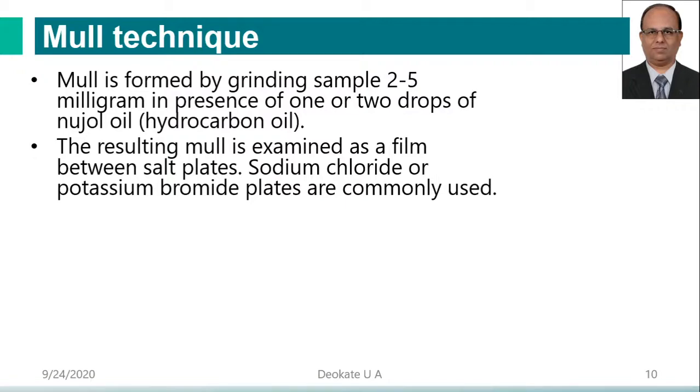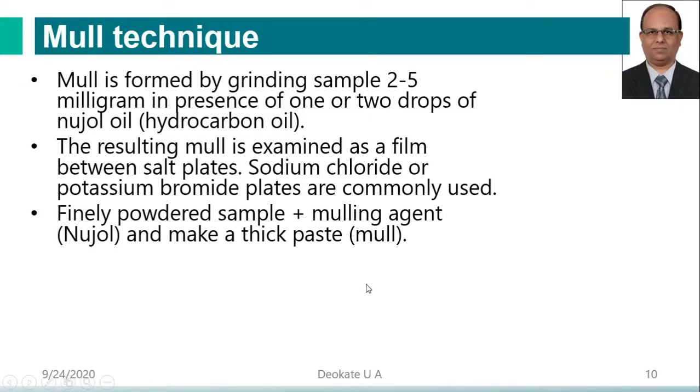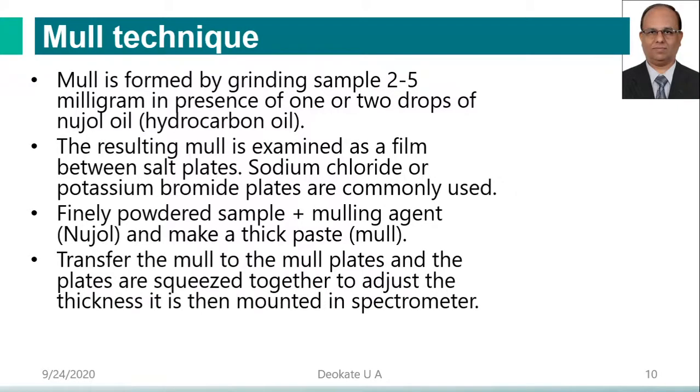The resulting mull is examined as a film between two salt plates, sandwiched between sodium chloride or potassium bromide plates. So finely powdered sample plus the mulling agent, Nujol, makes a thin paste which is called a mull.